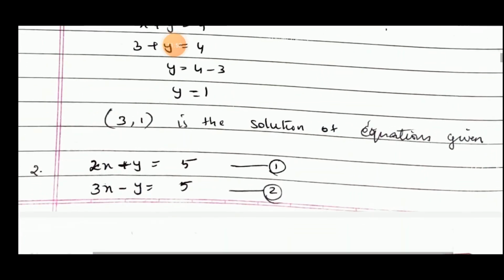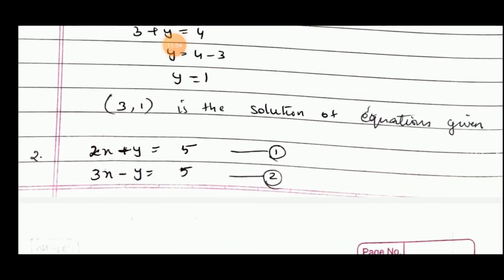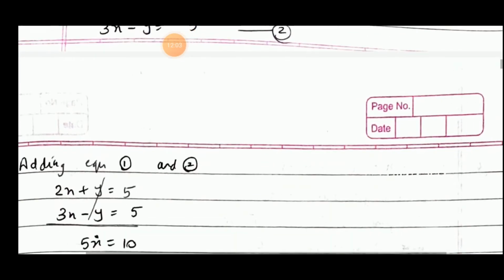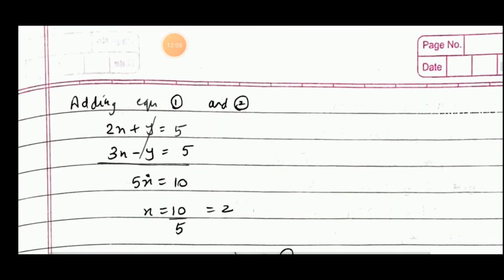Now the second one, 2x plus y is equal to 5, 3x minus y is equal to 5. So again the coefficient of y is the same with the opposite sign. So add the two equations, you get 2x plus y equal to 5, 3x minus y is equal to 5. So 5x is equal to 10, x is equal to 10 upon 5, that is 2.